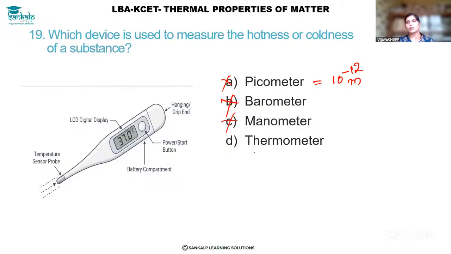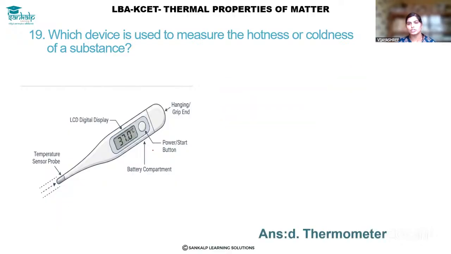Thermometer, we use to measure the temperature of a body or the hotness or coldness of a substance. So thermometer is the answer. The correct answer is option D, thermometer, which is a very direct question. Thank you.